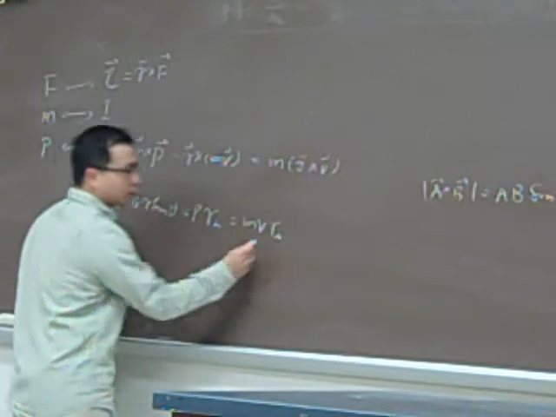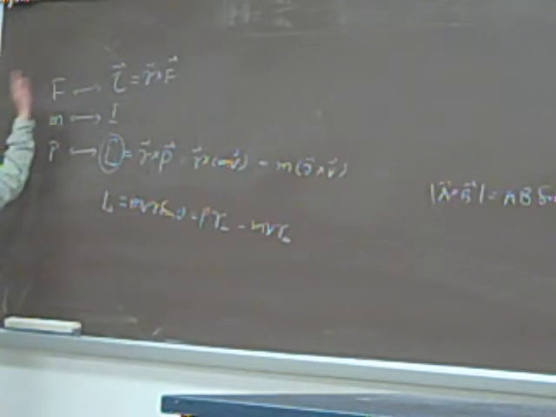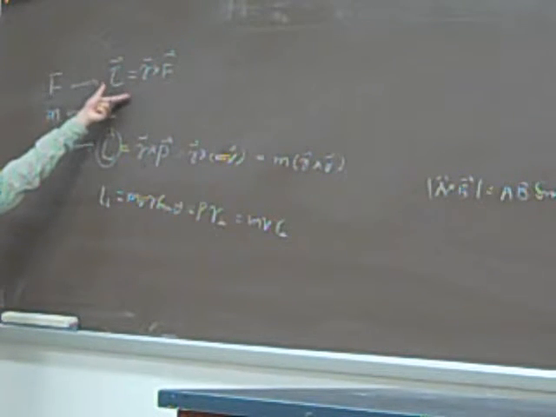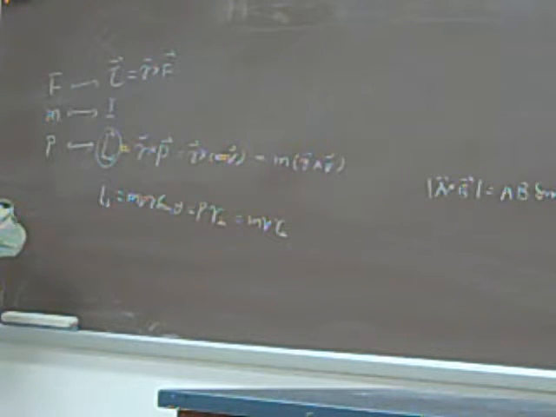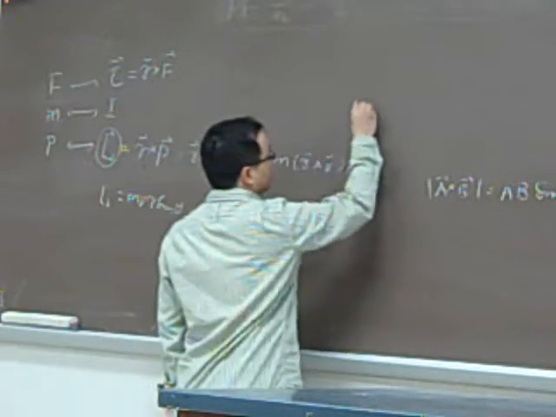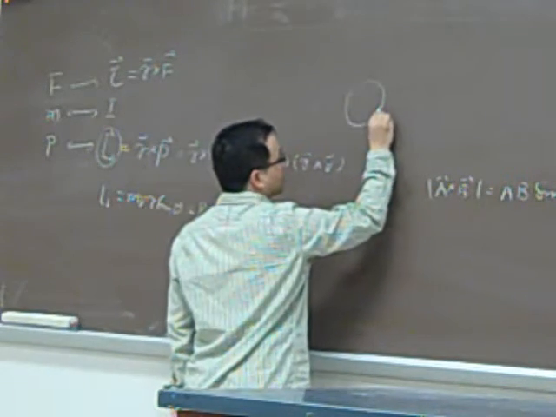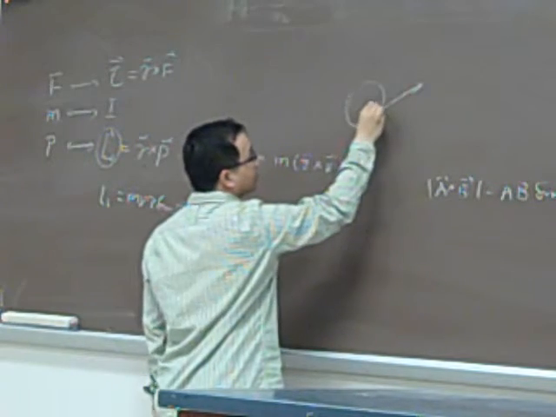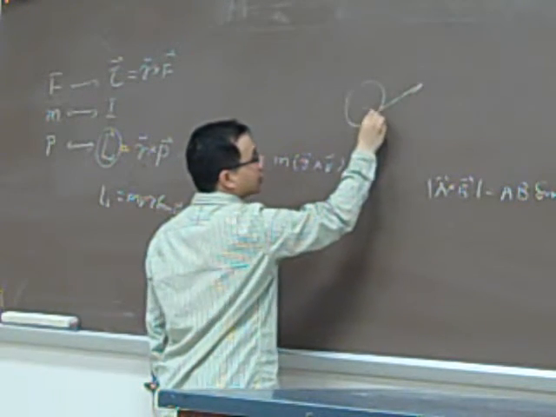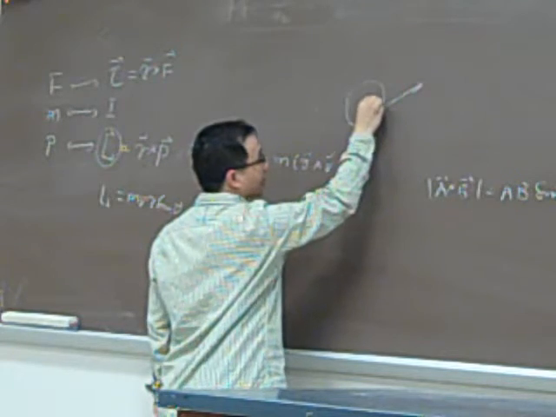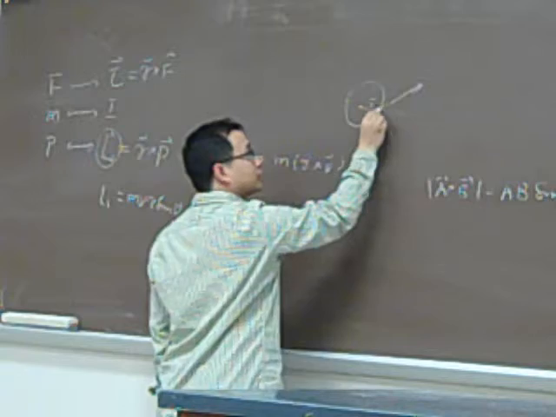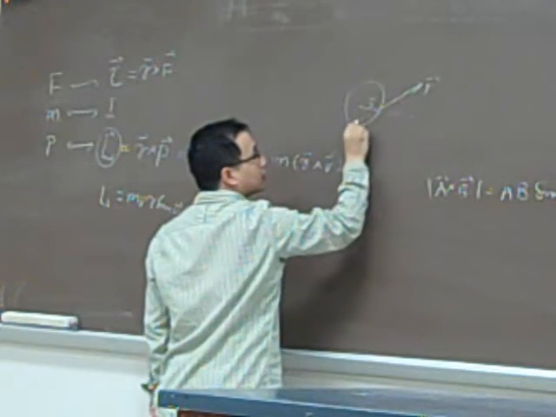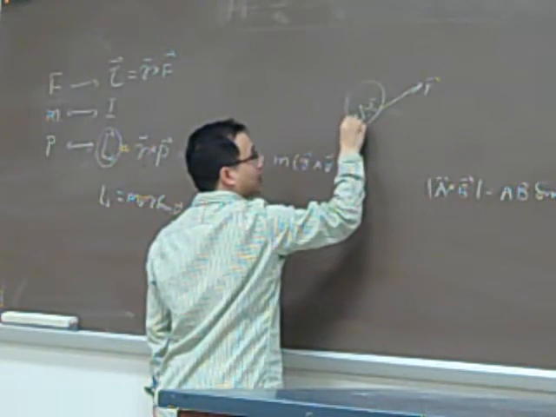To determine the r perpendicular, you use the same method you learned for the torque. How can we find the r perpendicular? Say the velocity or the momentum is in this direction, and r is in this direction. If this is the center, this is p, and this is r perpendicular.